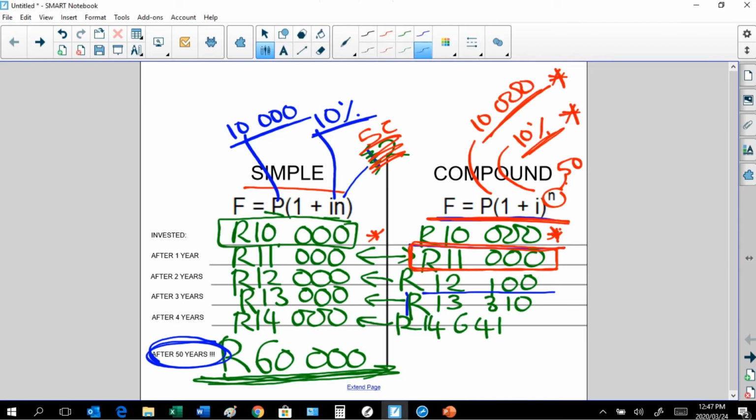Holy mother of pearl. Instead of your 60,000 with your simple interest, we're going to get 1,173,908.53 Rand.